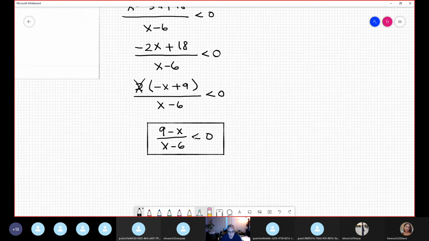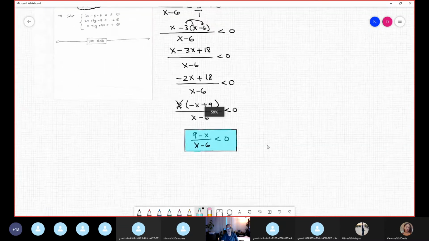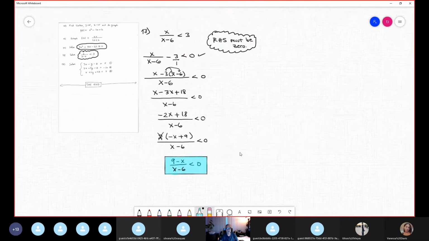Okay, I start working now. It's 100% equivalent to the original. Okay, it looks ugly. Okay, look at the original. The original is crazy. It's separated in 2 pieces, no 0 on the right-hand side.